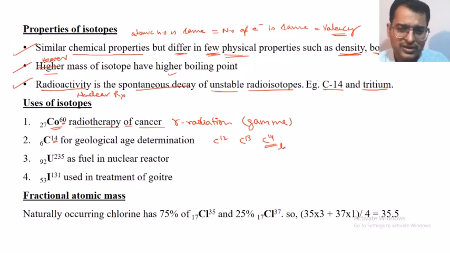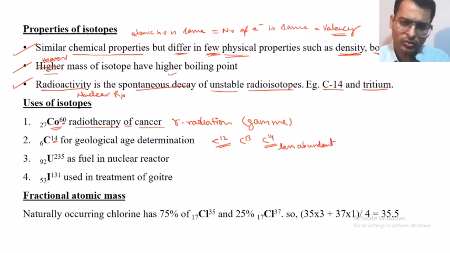C14 is less common, okay, less abundant. So when time goes on over hundreds of years, thousands of years, the abundance of these isotopes changes.